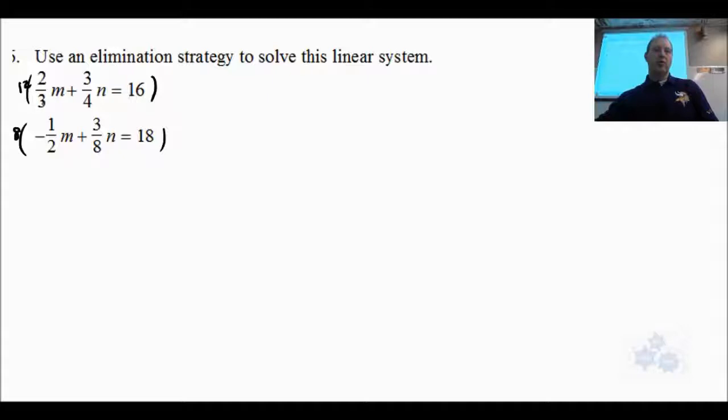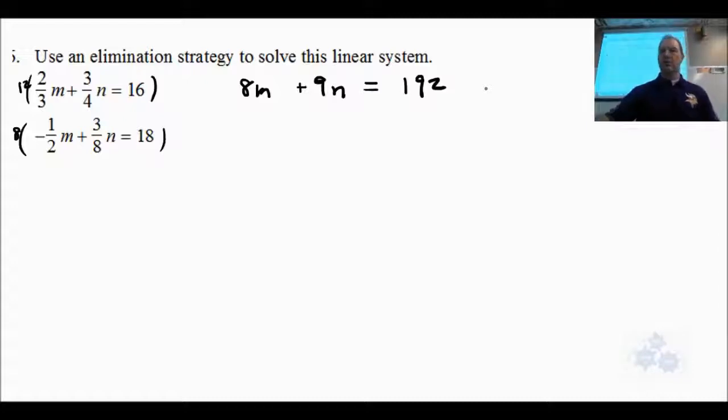Okay, so 12 over 3 is 4, times 2 is 8, so that's going to be 8m. 12 over 4 is 3, times 3 is 9n. And 12 times 16 is 192. Is that right, 192?